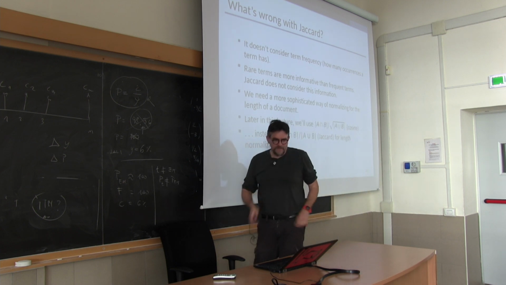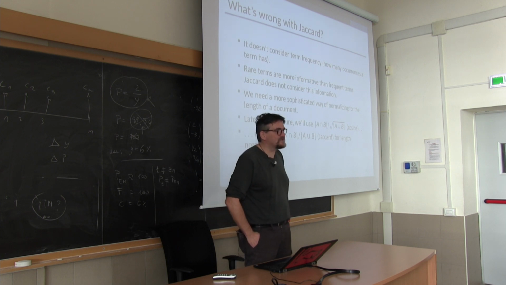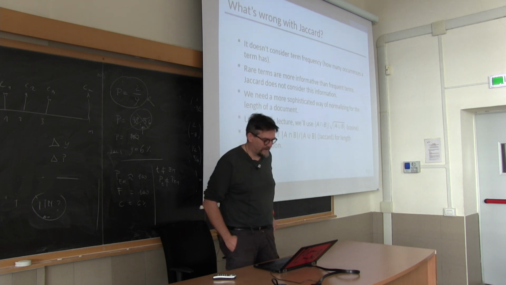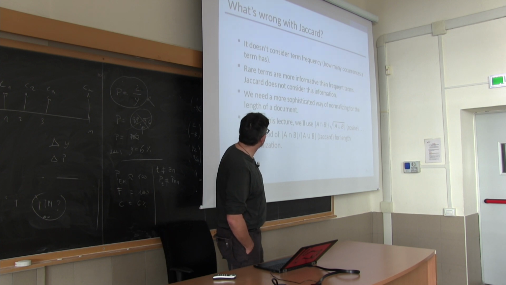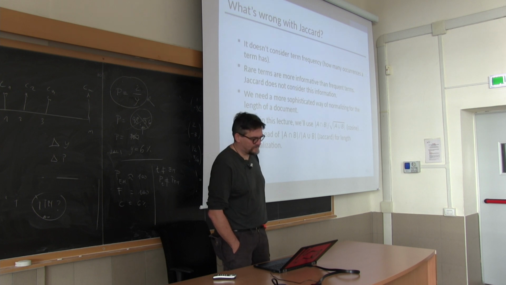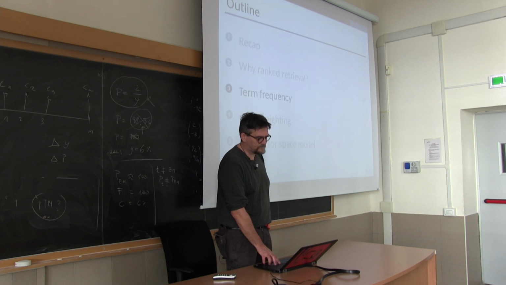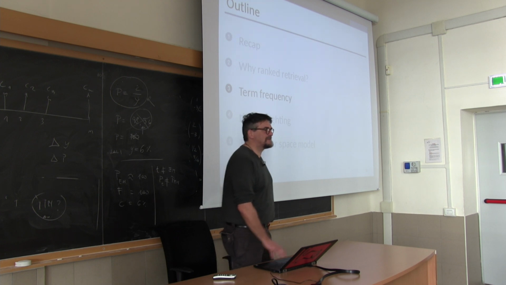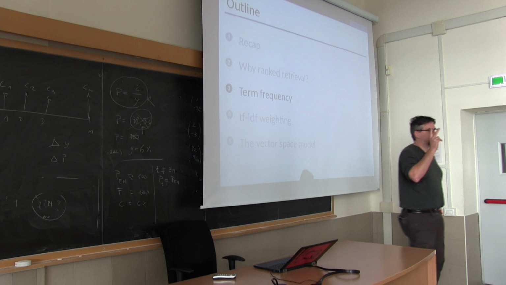terms. Okay, so we need somehow to take into consideration this concept of rarity. And so we need something that is a bit more sophisticated to normalize the document, to take into consideration all these aspects. So let's start. I remind you, we have two main observations now.